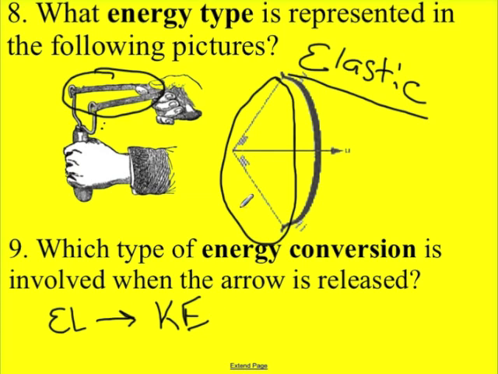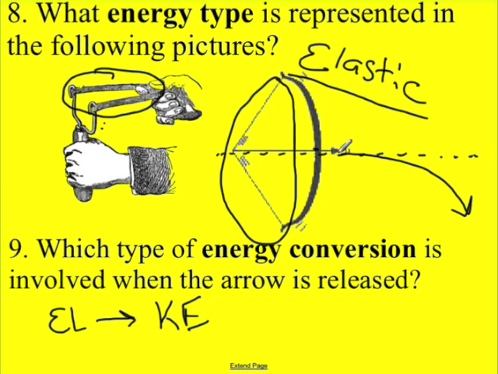I think that would be the best answer, because right now, if this arrow is sitting right here and it's not moving, some might consider that to be the ultimate base level. Now, once you release it, you've got kinetic energy, and as the arrow slows down and starts to fall, that kinetic energy will change to GE.